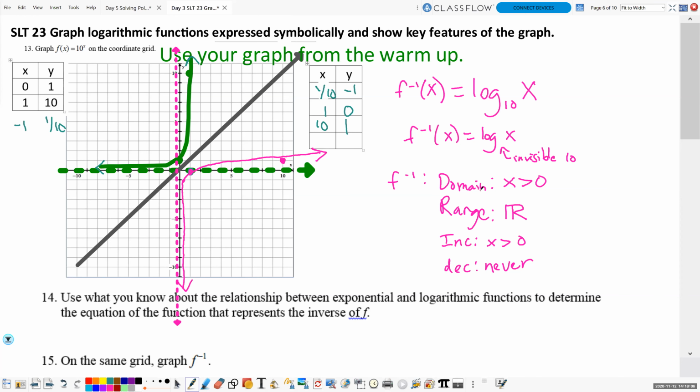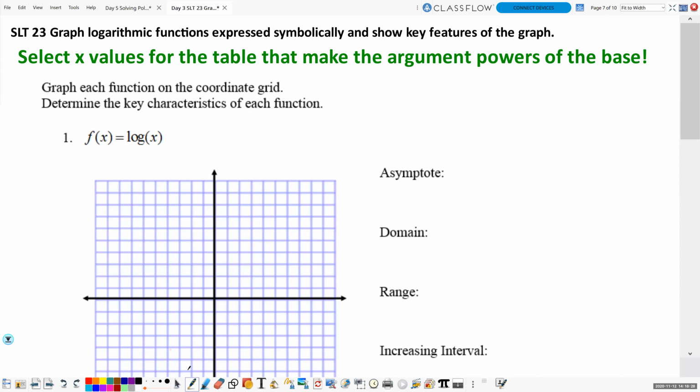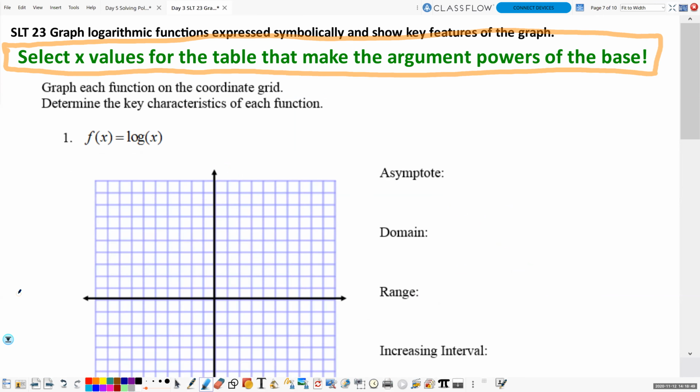I need everyone to write down: select x values for the table that make the argument powers of the base. And then I will explain what that means.